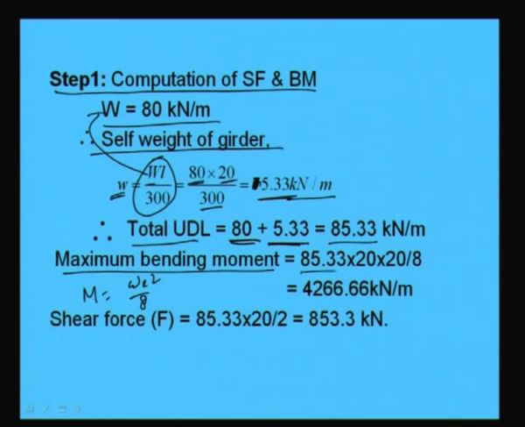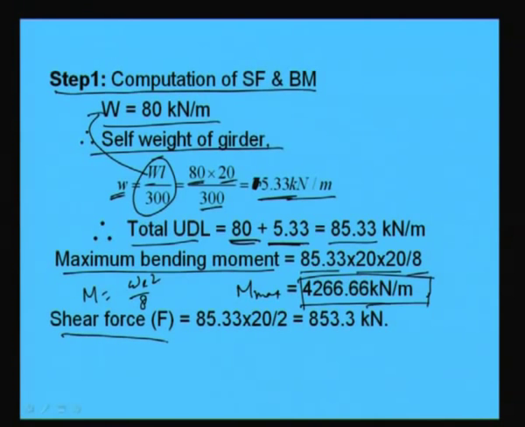So, W is 85.33 and L is 20, by 8. So, this is becoming 4266.66 kilonewton meter. So, maximum bending moment M max we got now. These are the data which will be required to find out the suitable section.